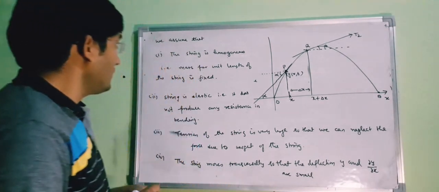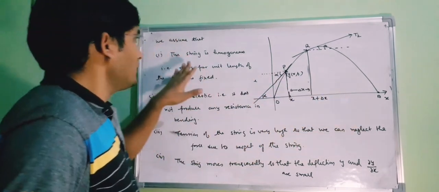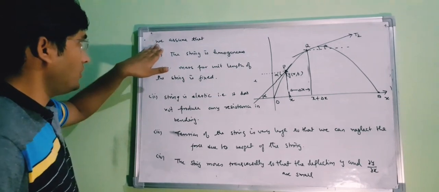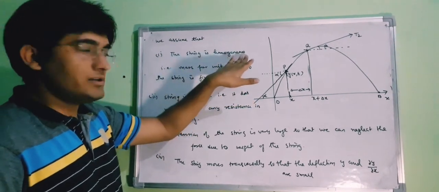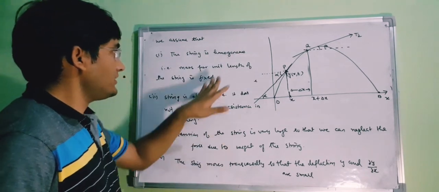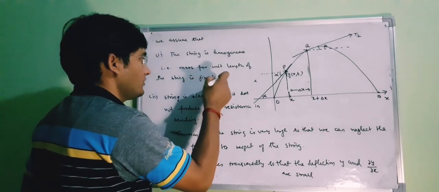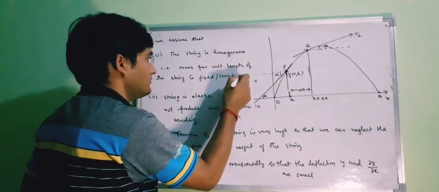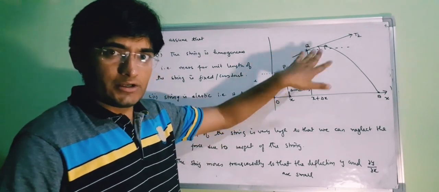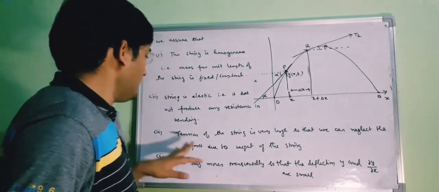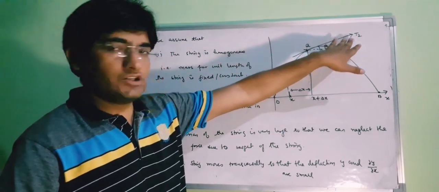So to derive the one-dimensional wave equation, we have the following assumptions. The first assumption is that the string is homogeneous. That means mass per unit length of the string is fixed or constant. Then let us assume that the string is elastic so that we can bend it. Then we are assuming that the tension of the string is very large.